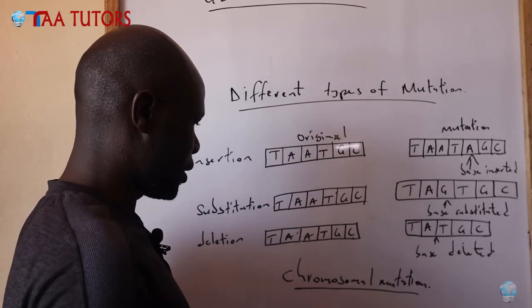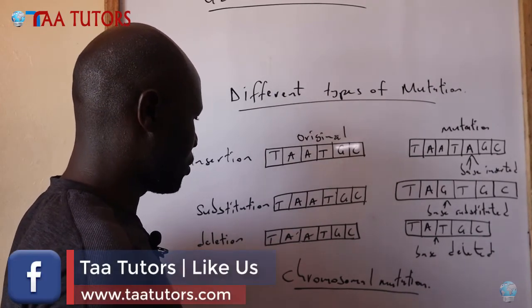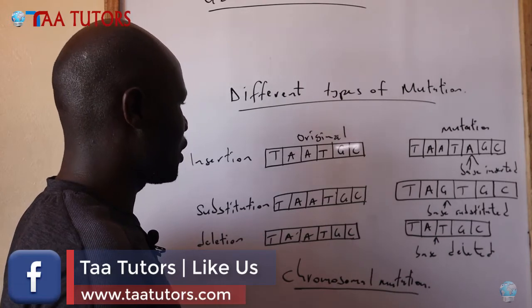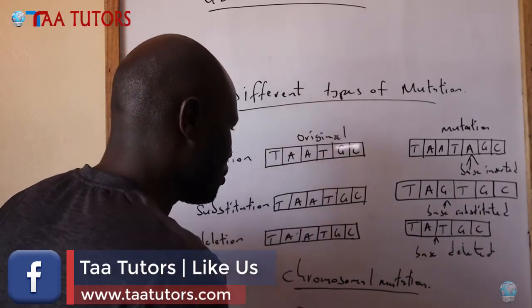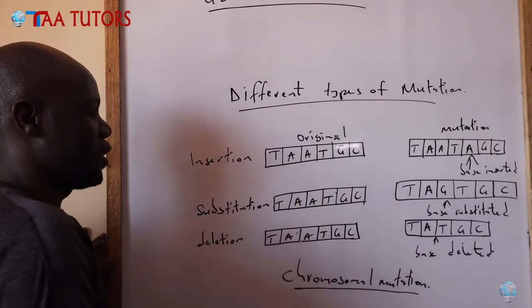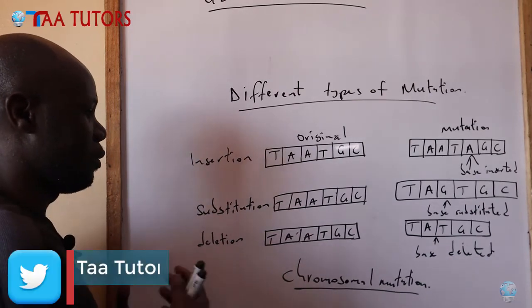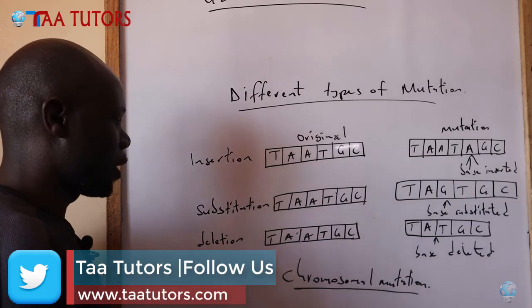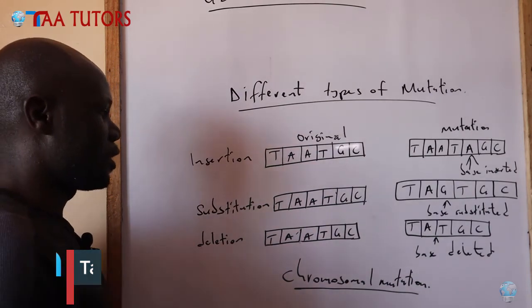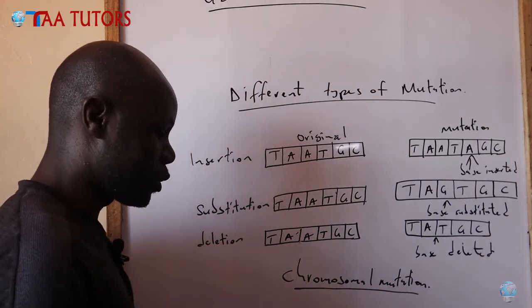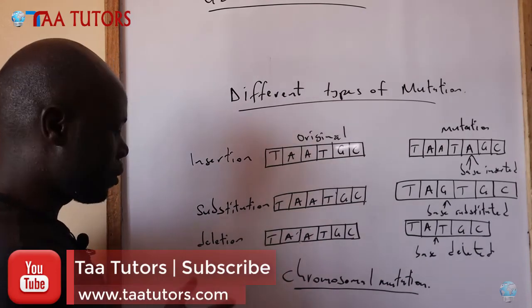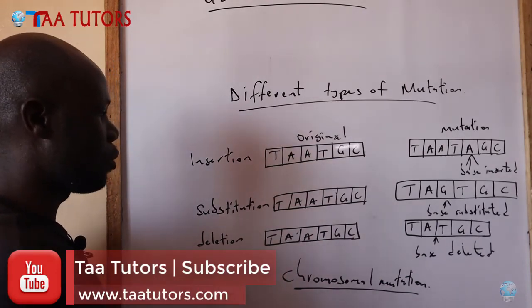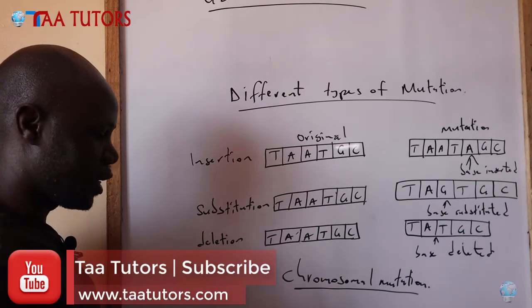So that is how it can happen in a chromosomal mutation. A chromosomal mutation is a change within the chromosomes, that is, the way the genes are arranged in a chromosome, and when it is transferred to the next organism or the next cell, the change can be noticed or might not be noticed at all. That depends on how the change was, but the fact is there is an entire change.